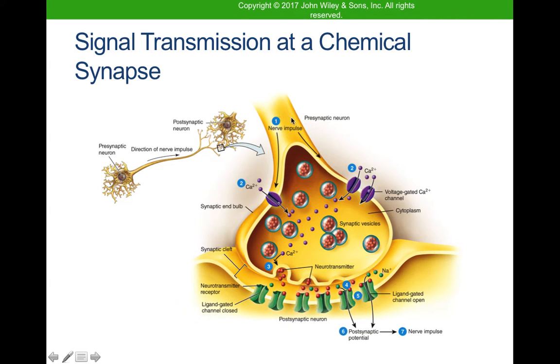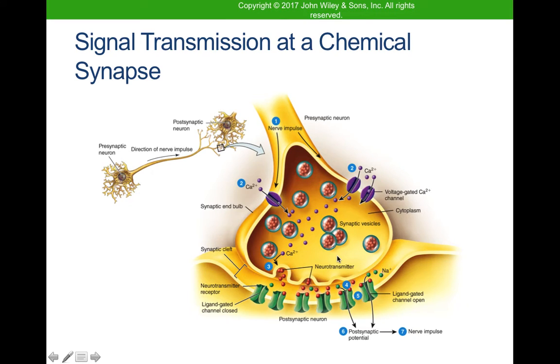We are showing the nerve impulse here in the presynaptic neuron. The calcium triggers the release of the neurotransmitter into the area called the synaptic cleft, and it will reach the postsynaptic neuron, creating a postsynaptic potential and a nerve impulse.